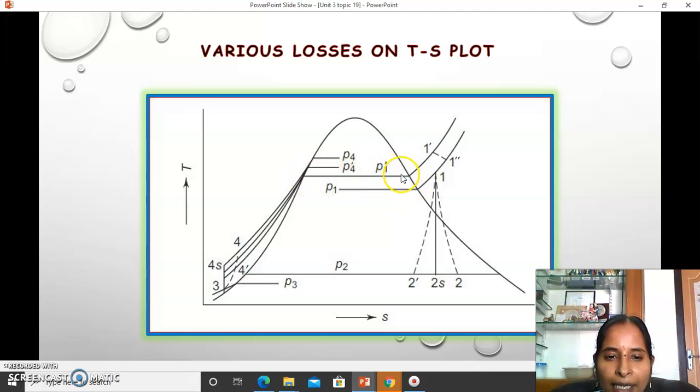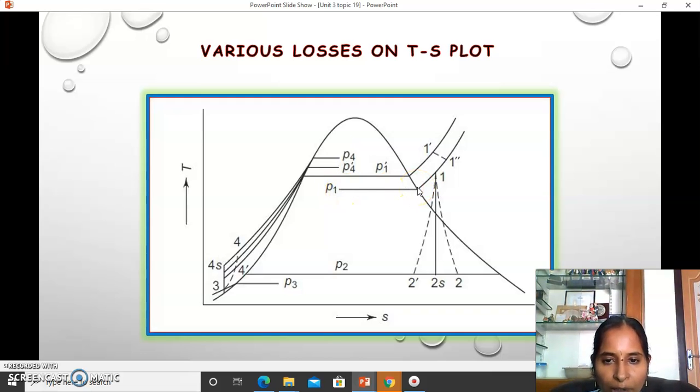Due to the pressure loss occurring because of the pipelines present in the boiler, instead of taking the heat supply at the pressure of P1 dash, the pressure has now been reduced to P1.